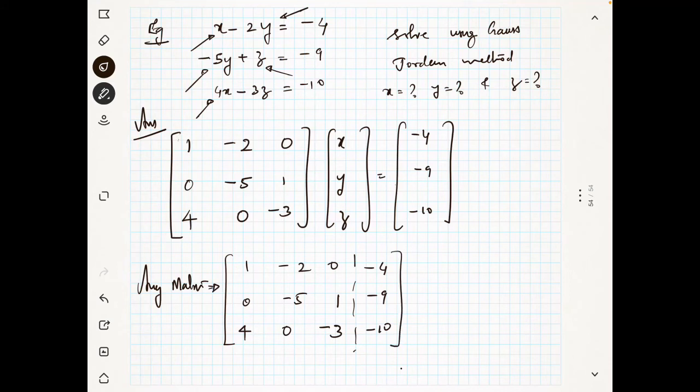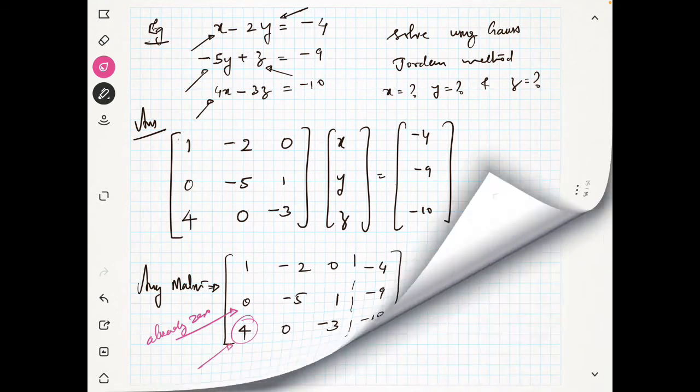Now, we will do some operations. You see here, it's very easy. This is already 0. Now, we will make this one 0. For this to become 0, I will make use of row 1 basically.